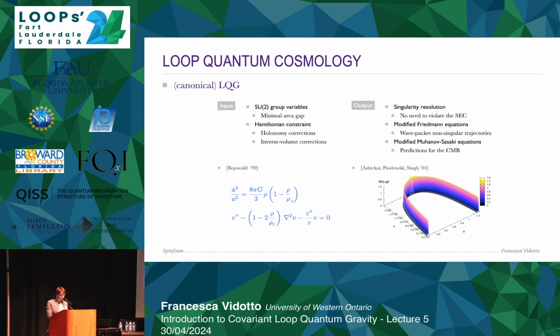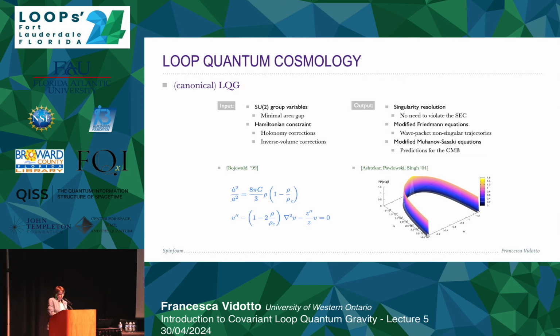And it's a simple correction that appears also when you look at the perturbations. So perturbations are basically the most important observable that we have in cosmology. And we wanted to study how perturbations evolve in time.